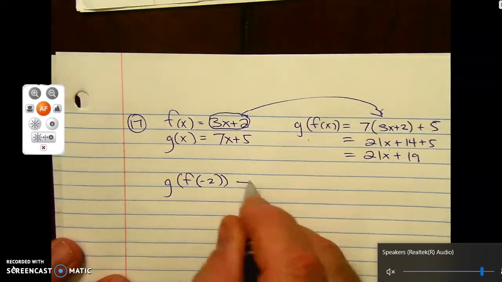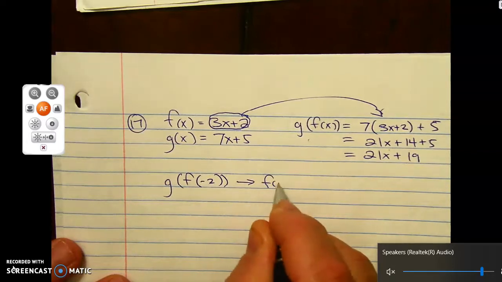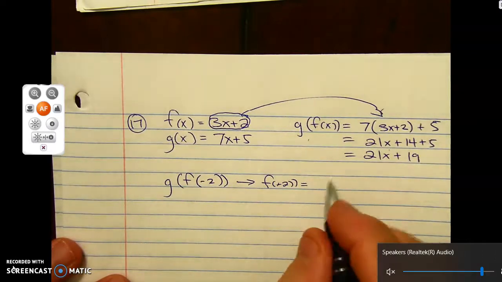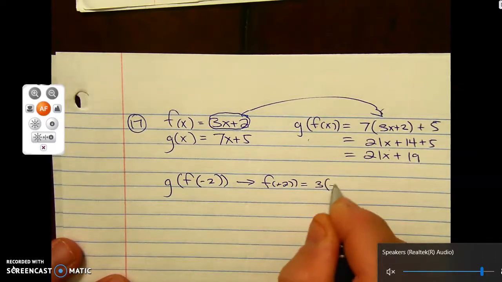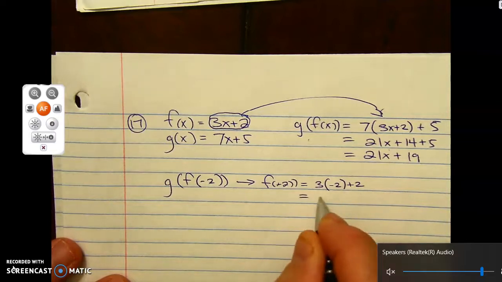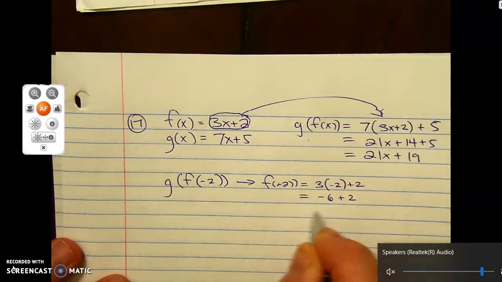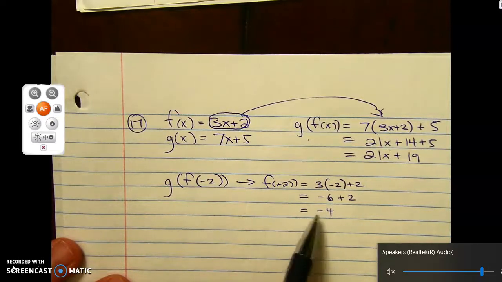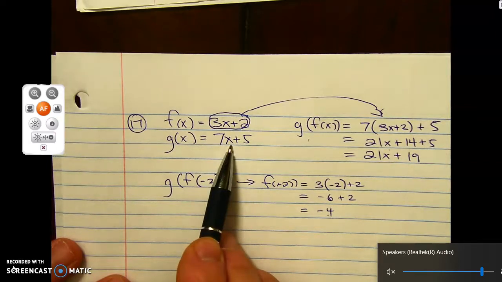So first we need to do f of -2, which equals 3 times -2 plus 2, which is -6 plus 2, which is -4. So that's f of -2, -4. So now we plug -4 into g.